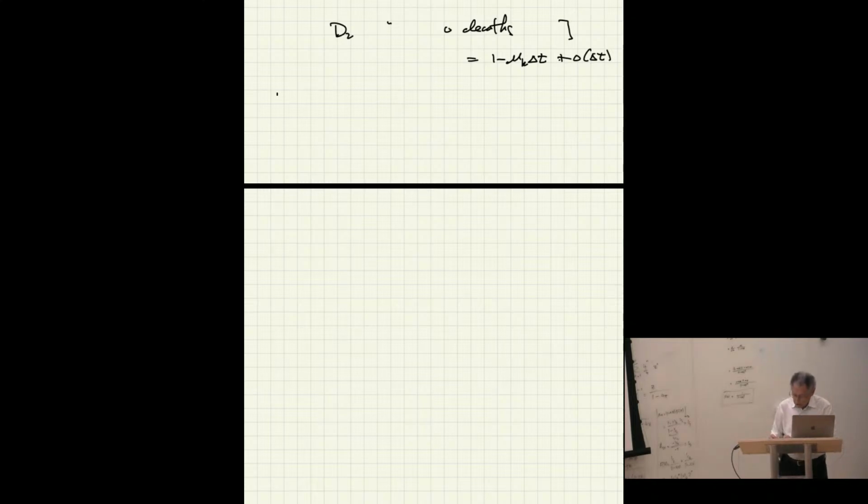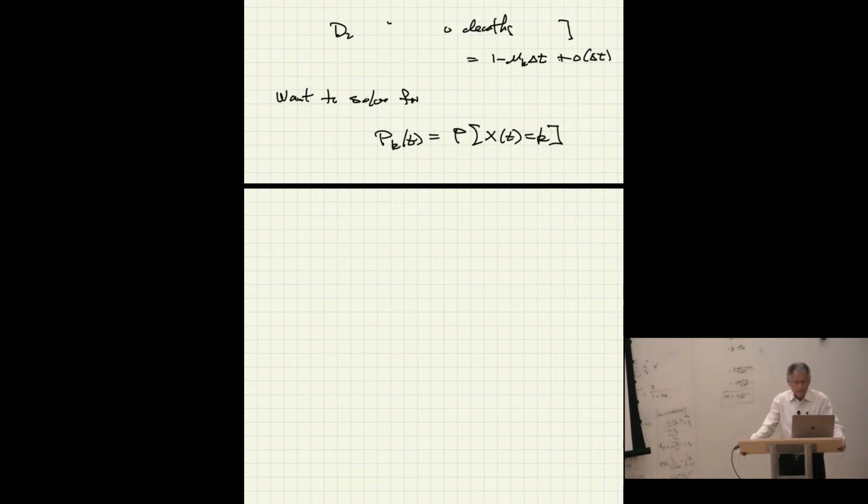What do we want to solve for? This quantity p sub k of t, which is the probability, as always, that at time t, the state you're in is k. At time t, there were k in the system. Now we're going to show an easy way to do that, by the way.